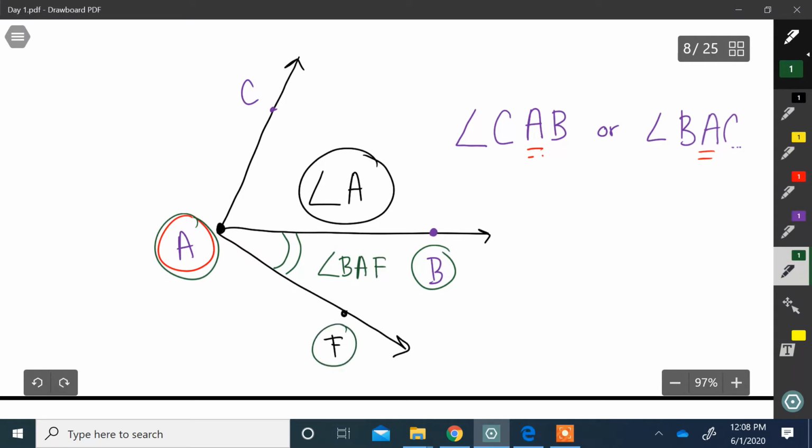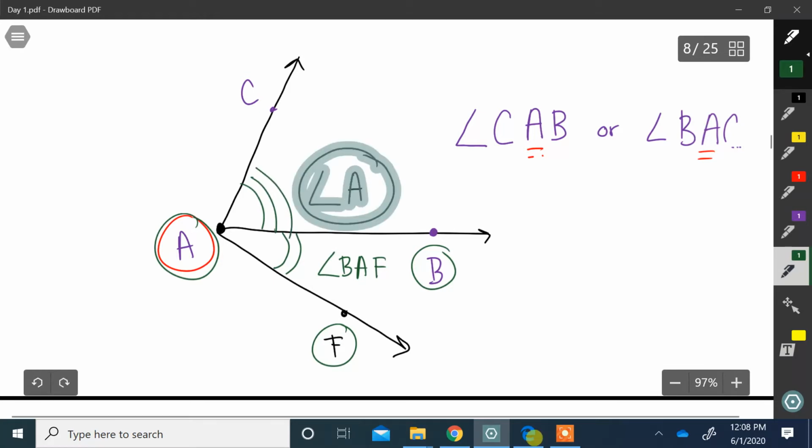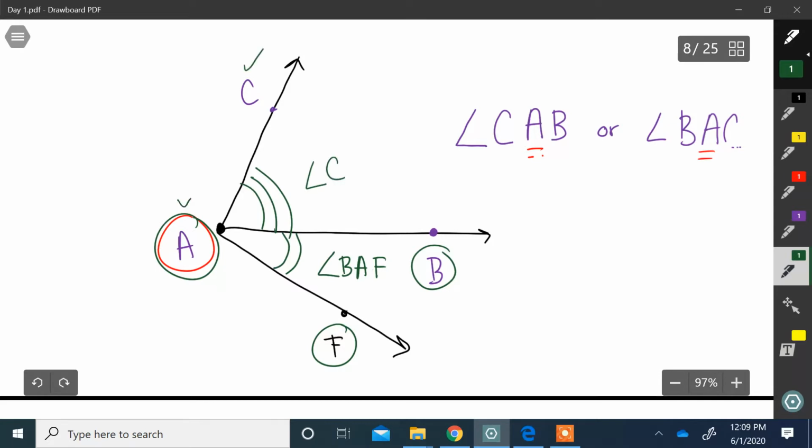Okay, that's how we describe angles. And if I wanted to describe this angle right here, I will describe it as angle CAB.